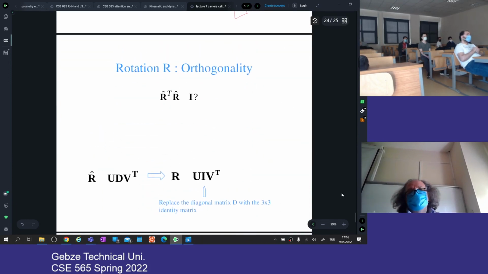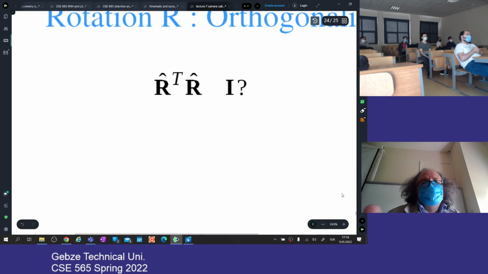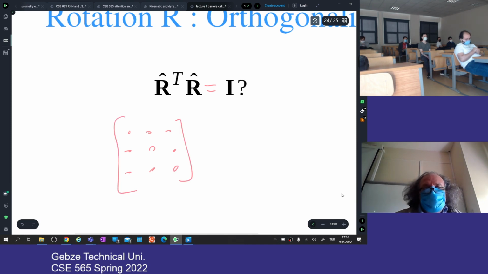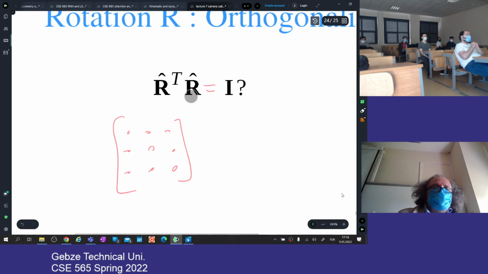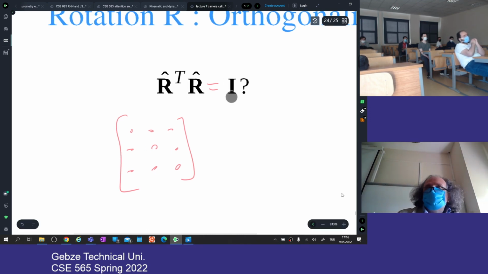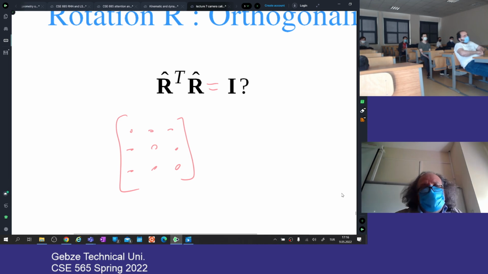But before I say I am done, didn't I say that my rotation matrix is orthogonal? Yes. So I have recovered these 9 parameters of this rotation matrix. How do I know that if I take the transpose of it and multiply it, I would get an identity matrix? Just try it.